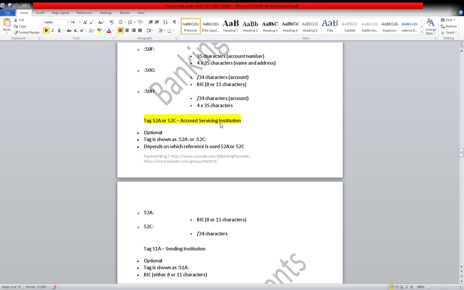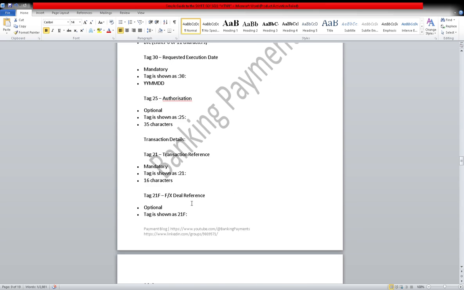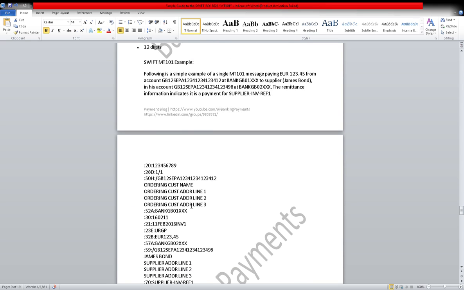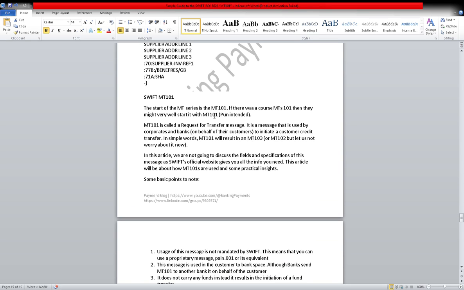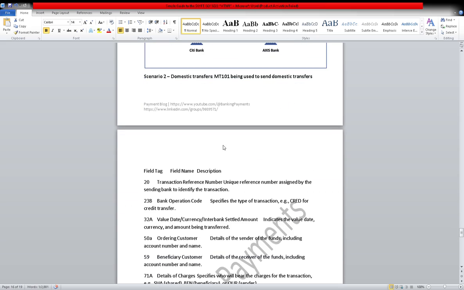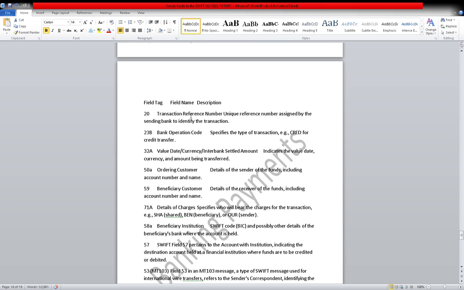First of all, I will start from the reference number, which must be here as well. This is first: field 20, the transaction reference number.